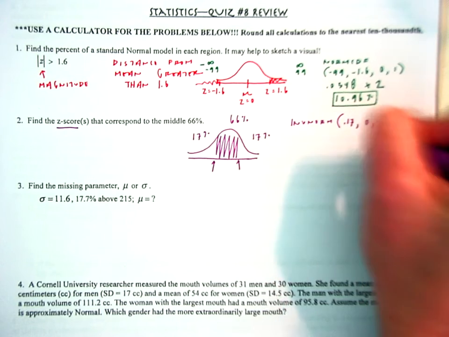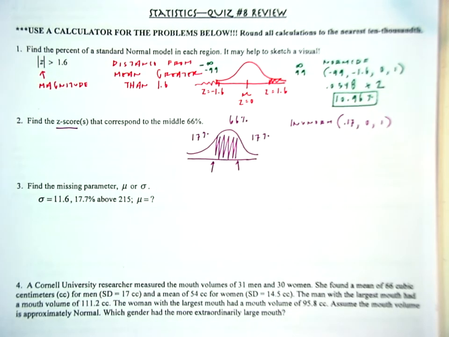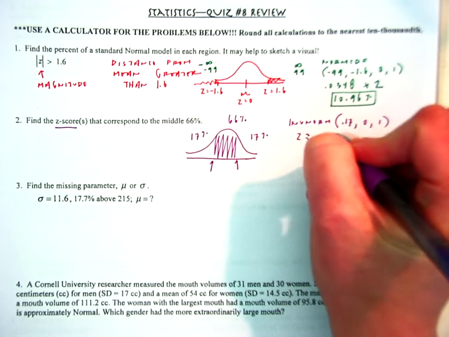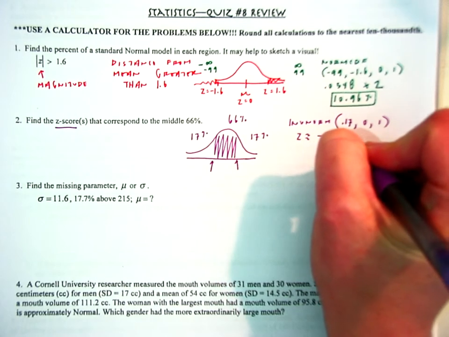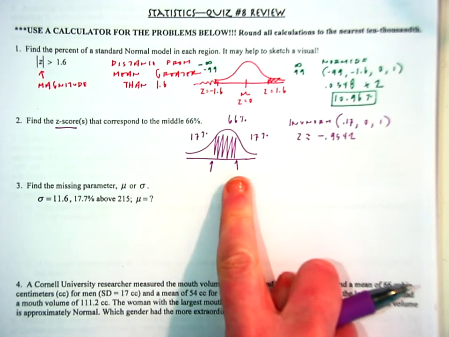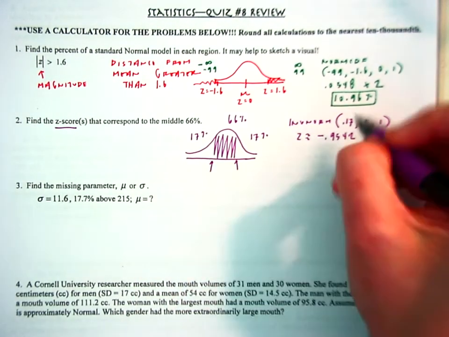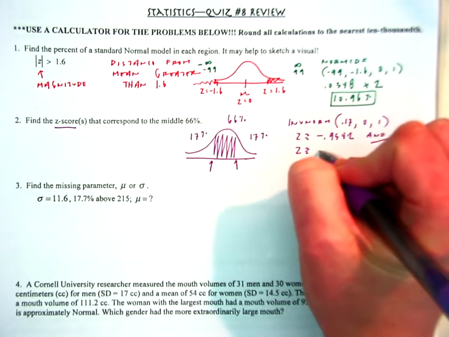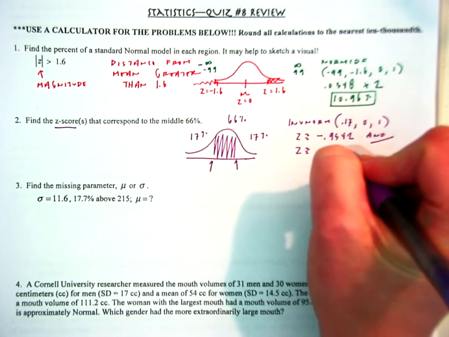Mean, standard deviation, just like that. Okay, it's going to pump out for me a z-score of negative 0.9542. So that would be this one, and here would be its positive counterpart, positive 0.9542.